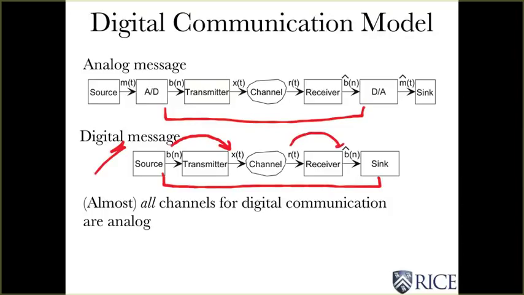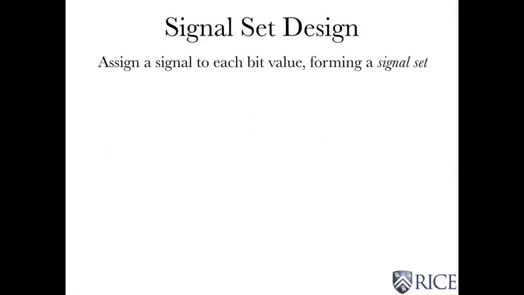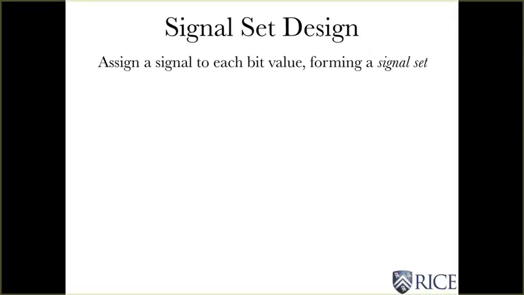The channels are all analog in almost every case. It turns out assigning bits to analog signals is a pretty easy task. What we're basically going to do is assign a specific signal for each bit. We're going to have a signal that represents a 0, and a different signal that represents a 1. Those two signals, whatever we choose, form what we call a signal set.